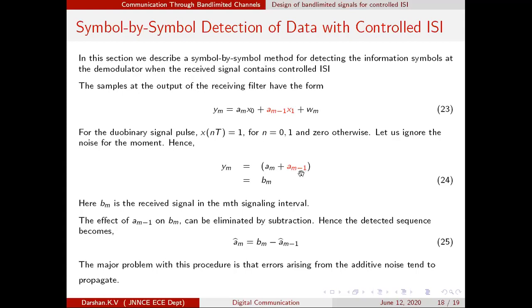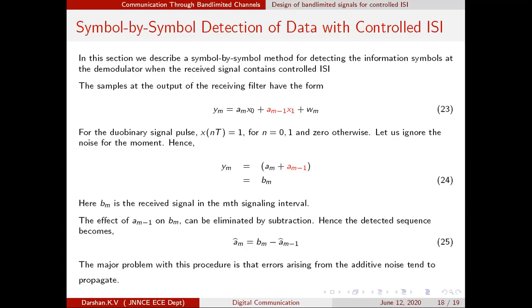In other words, bm contains am along with the effect of the previous symbol.